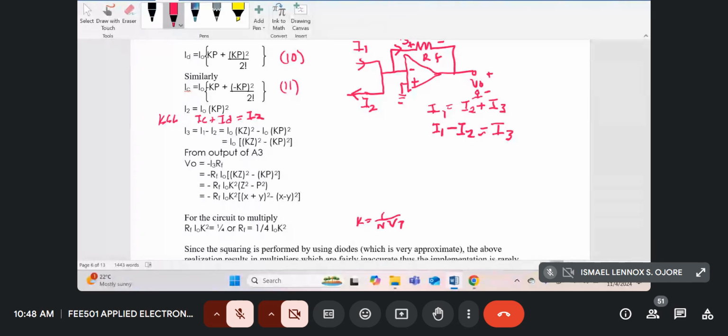And therefore, if we add IC to ID, we get this equation here, which is 12.